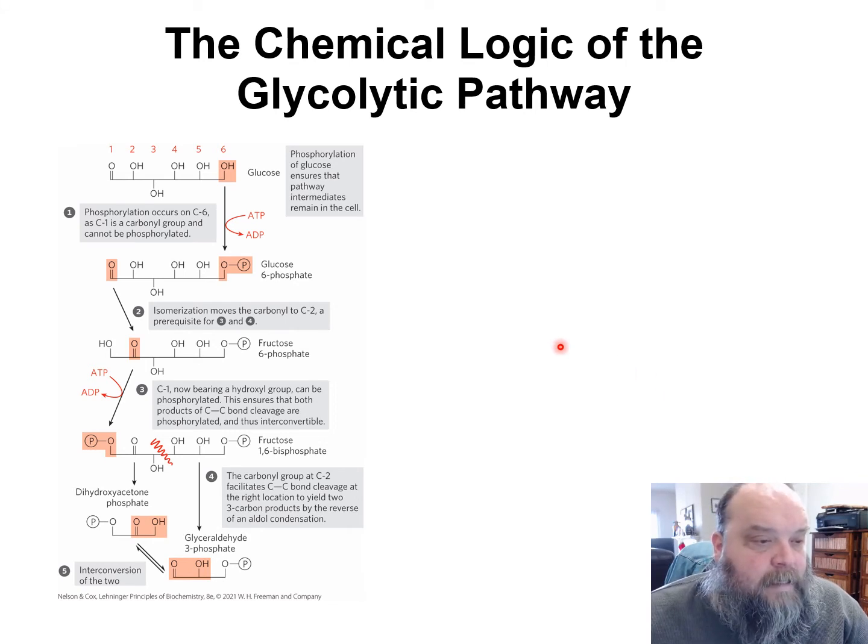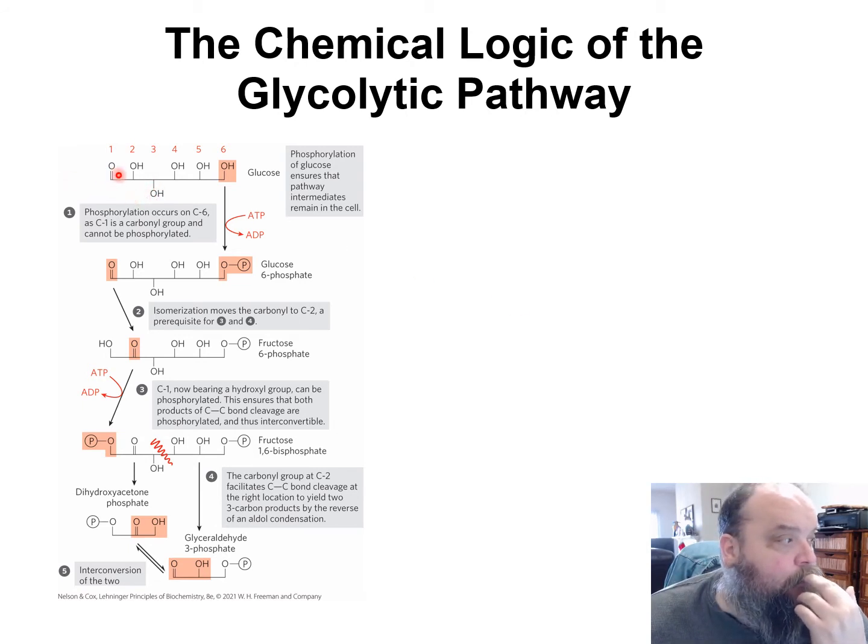So when you look at chemically what's happening, we draw this out linearly. You see that it's 1, 2, 3, 4, 5, 6 carbons. Our terminal carbon here, carbon 6, with this glucose. This is where ATP is going to be hydrolyzed to add inorganic phosphate.